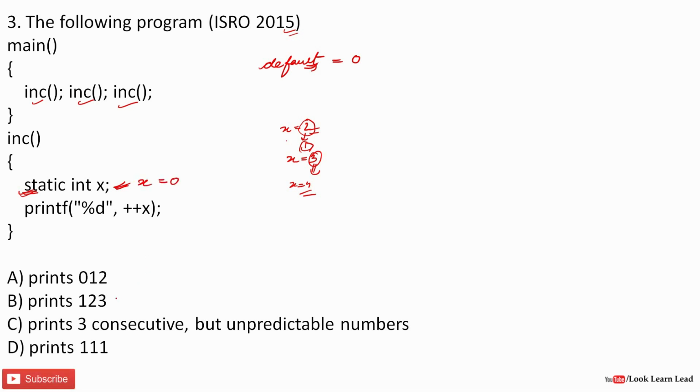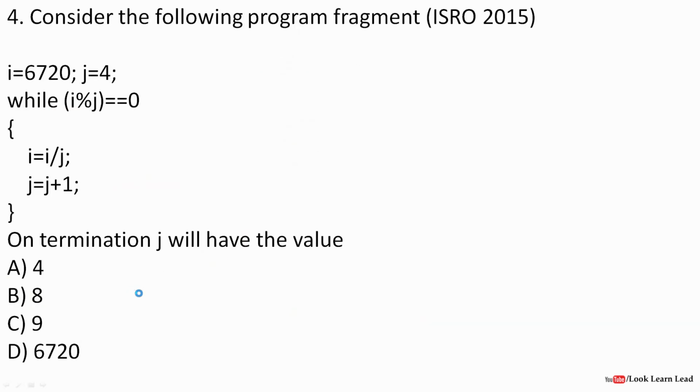So this won't be our answer, that it prints 3 consecutive but unpredictable numbers. No, we can predict the numbers because the default value is 0. So x is initialized to 0, and the first time it is called, x would be 1. The second time it would remember x is equal to 1, so it would be 2, and the third time it would be 3. So the answer would be 1, 2, 3. That is option B. Next question.